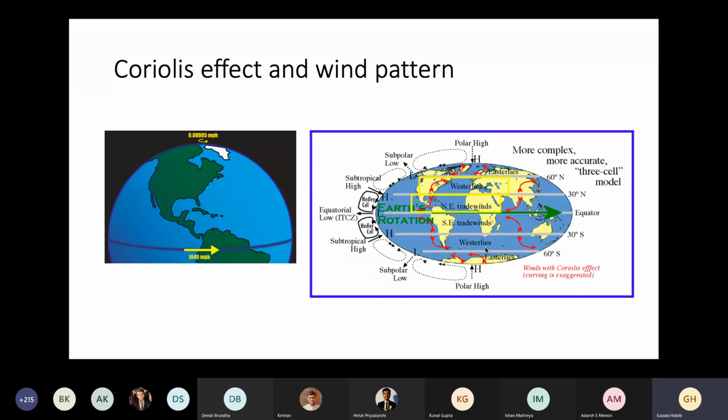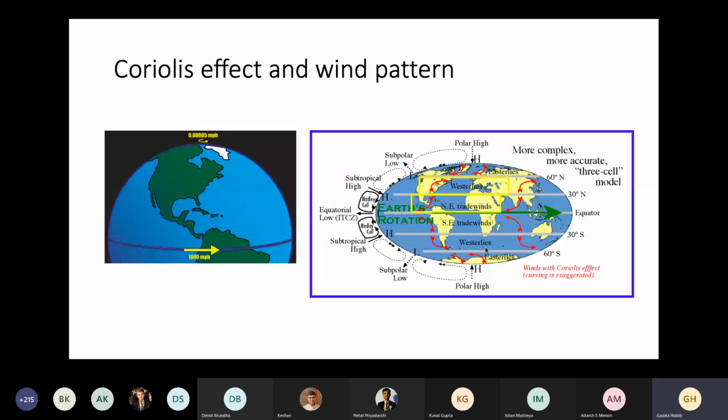So this is how the wind pattern changes between the latitudes: equator, 30 degrees south, 60 degrees south. This is the large scale wind pattern, or meteorology, that helps in dilution and dispersion of pollution, and also the transportation of pollution from one continent to another.